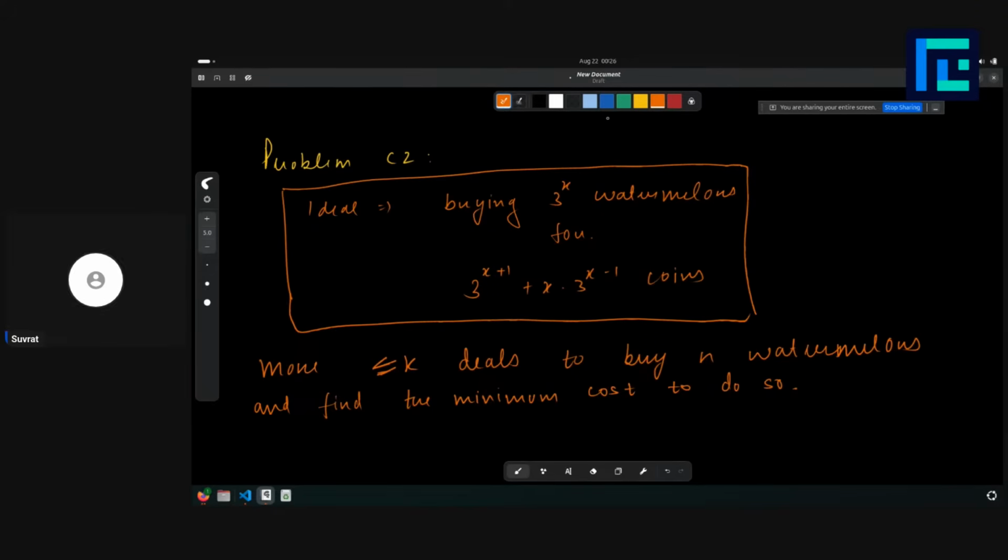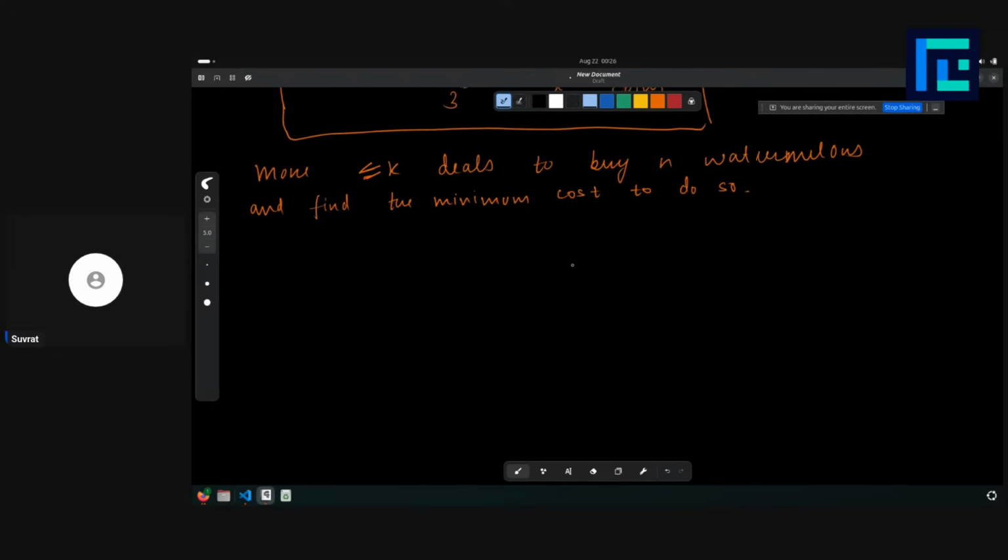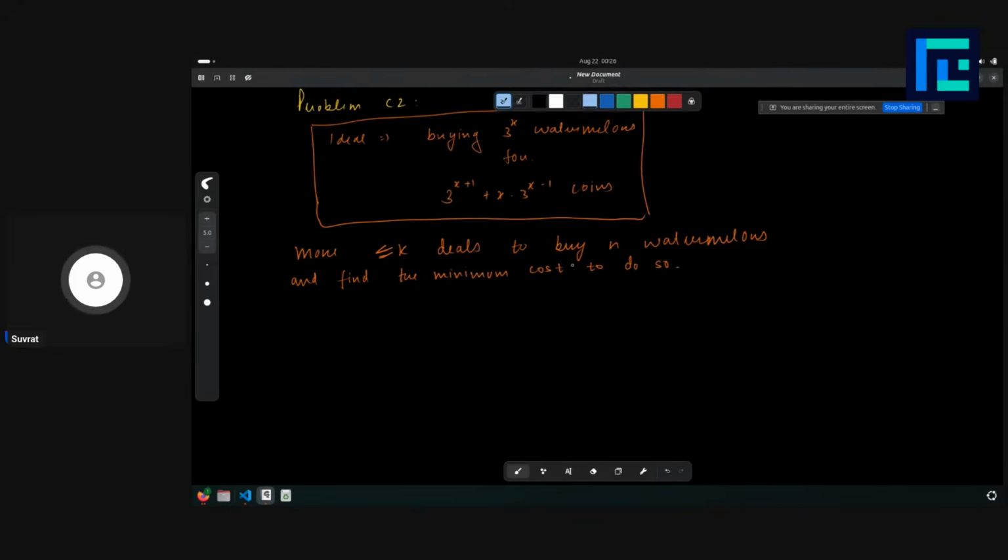So let's try to understand what exactly is going on in a deal. Let's take a deal where we buy 3 to the power x watermelons for 3 to the power x plus 1 plus x into 3 to the power x minus 1 points, right?